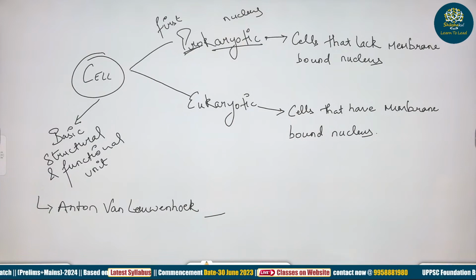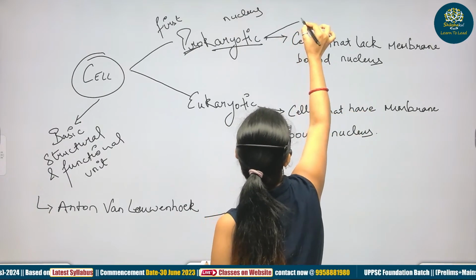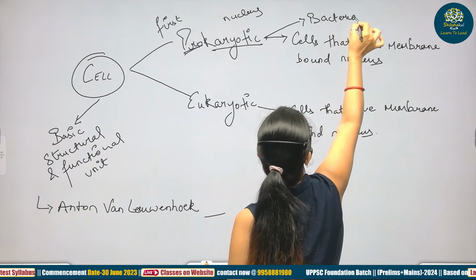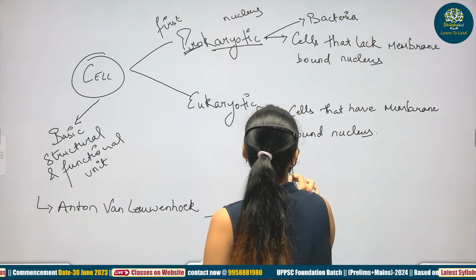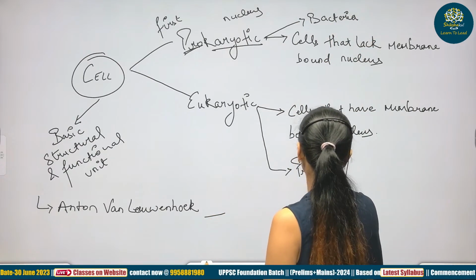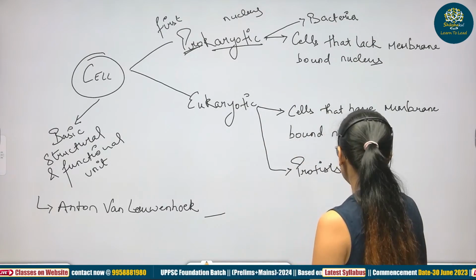If we talk about the examples, in prokaryotic comes the bacteria, in eukaryotic comes the protist, plants, animal and fungi.